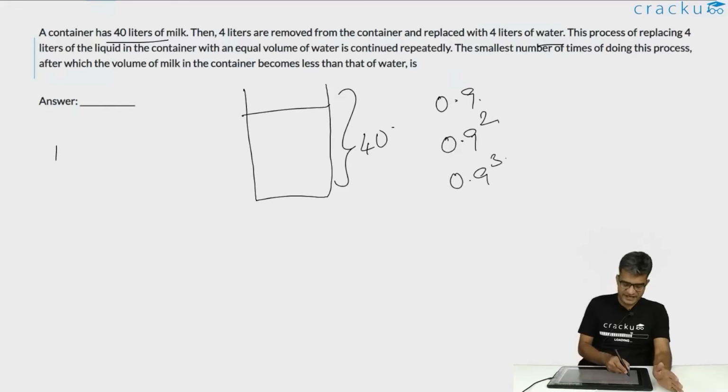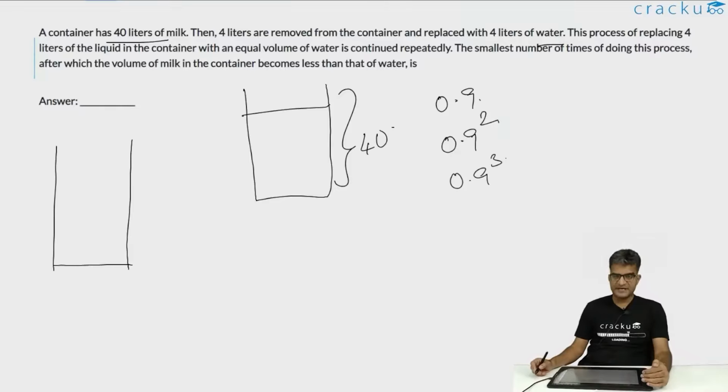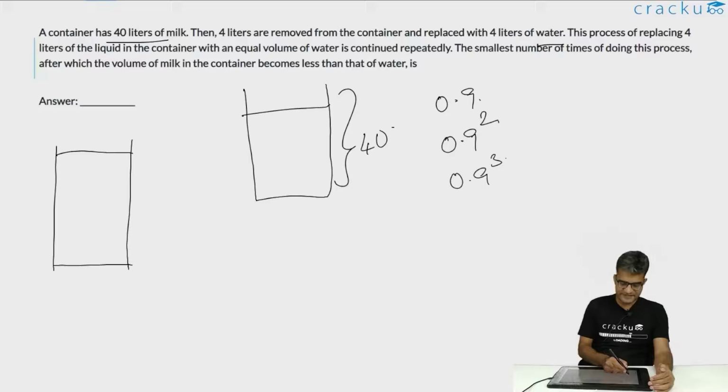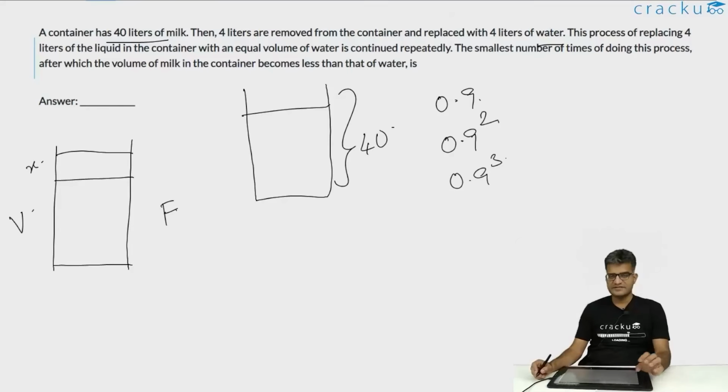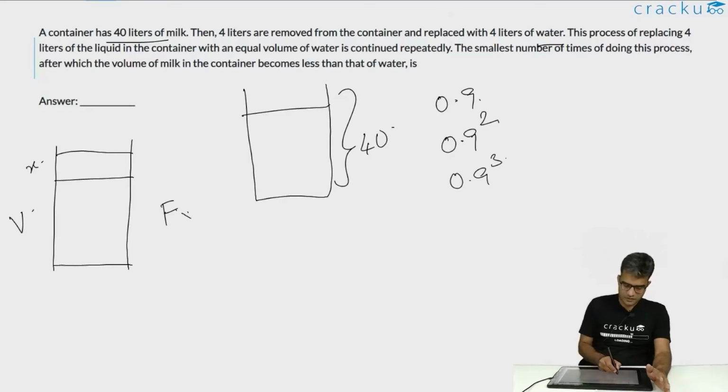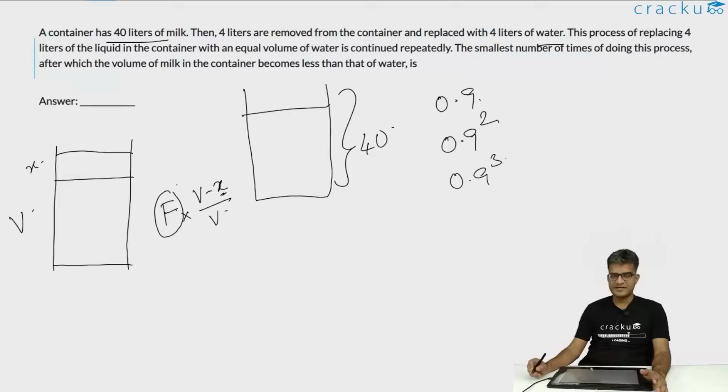Basically, if you have any container and say the fraction of milk is F at the start. If the total volume is V and say X amount of the liquid is removed and replaced with water, the fraction of milk becomes equal to F into (V minus X) divided by V, where F is the initial fraction of milk and X is the amount that is replaced with water.